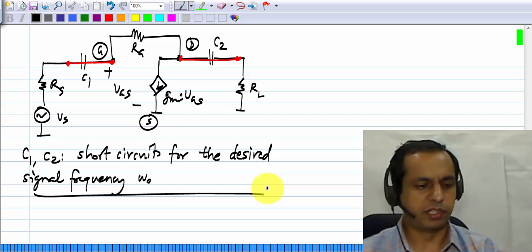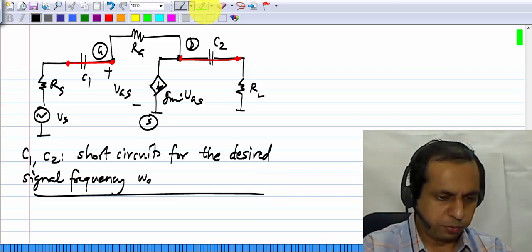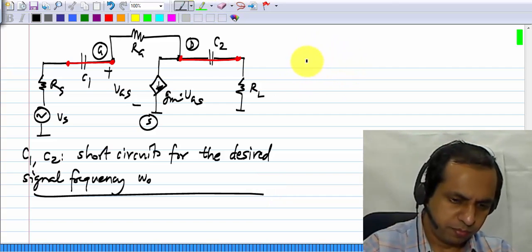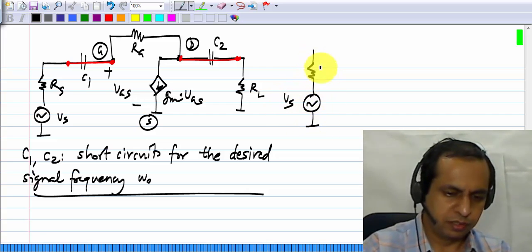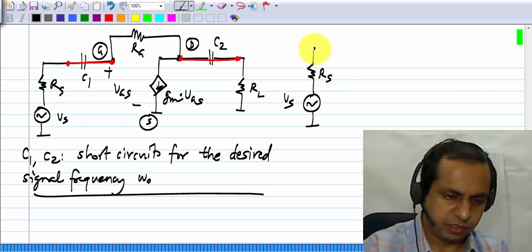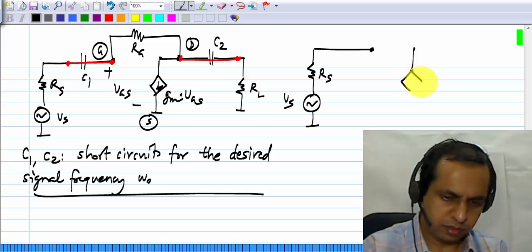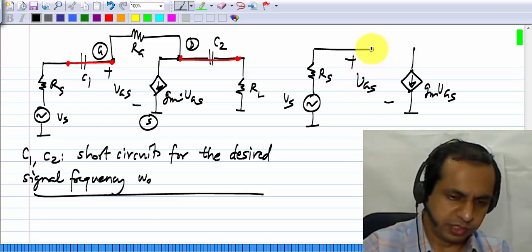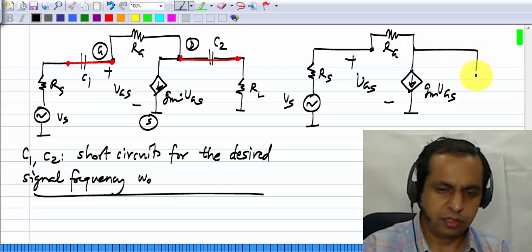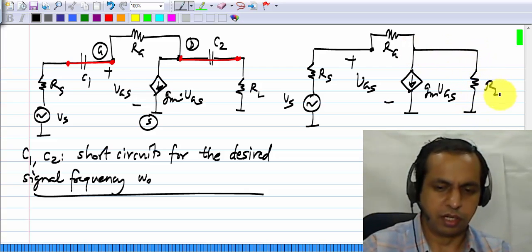We'll later see what the constraints are. So the circuit we have is really simple. We have Vs, Rs, GM VGS, where this is VGS, RG, and the load resistance RL.